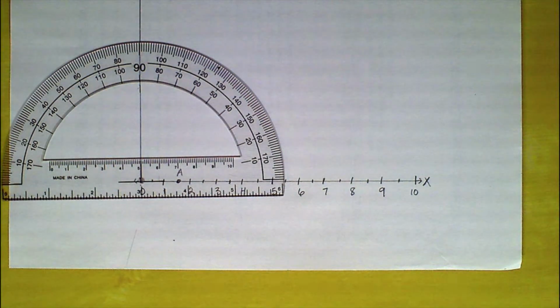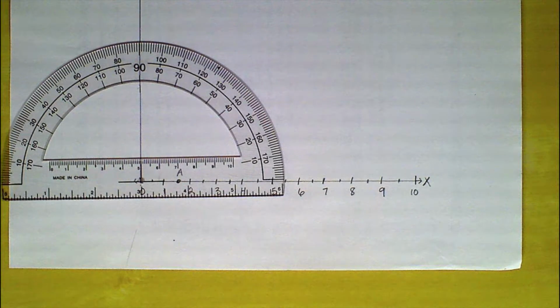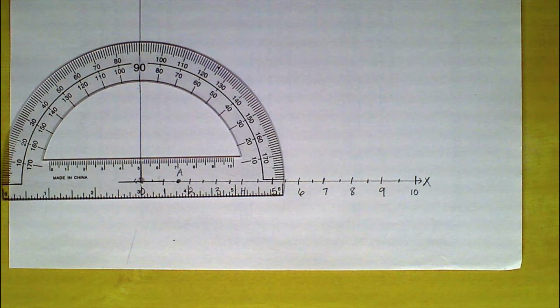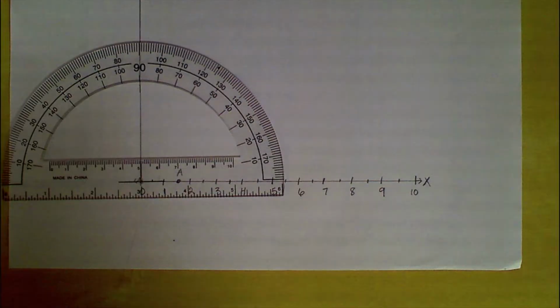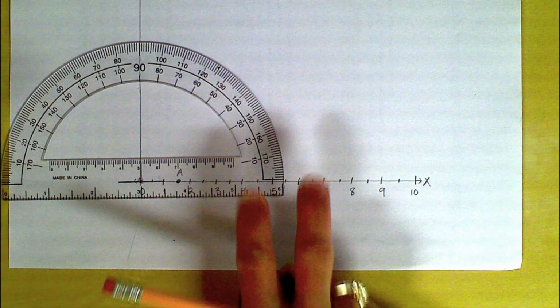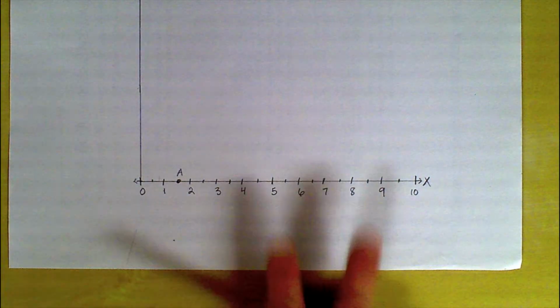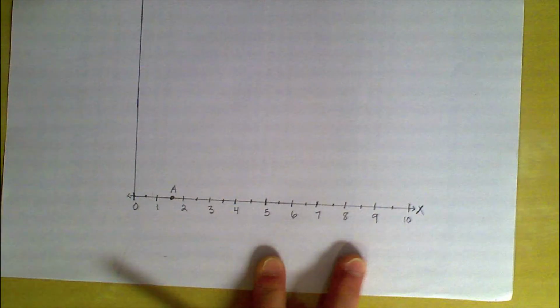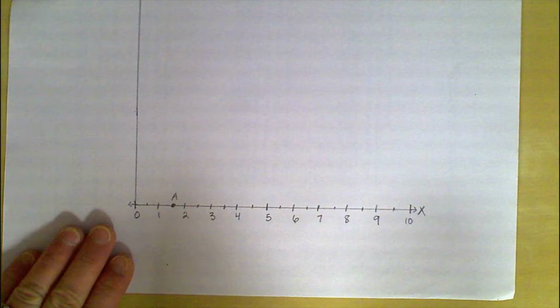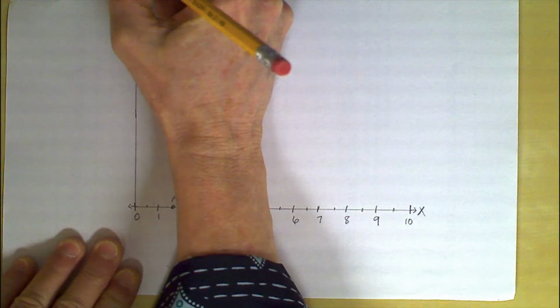So perpendicular lines are going to be lines that intersect at a 90-degree angle. Now this is a quick little cram session for your test week. Okay? Now, there's another type of line. It's called a parallel line, and we'll talk about that in a minute. Let's label this second number line, okay? It's going to be called Y.